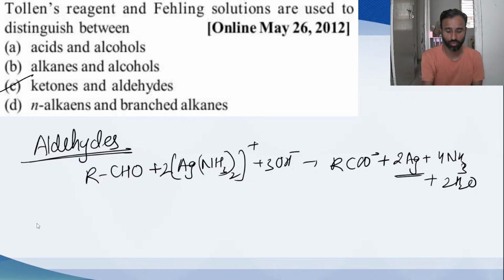Silver mirror test, and all aliphatic as well as aromatic aldehydes give this test. Ketones do not give this test.